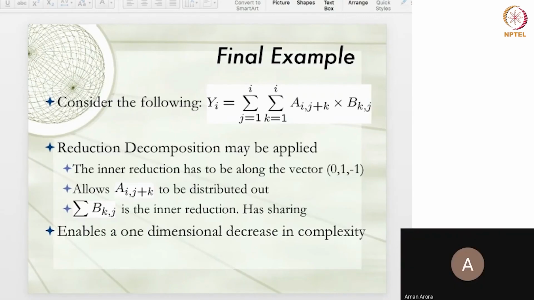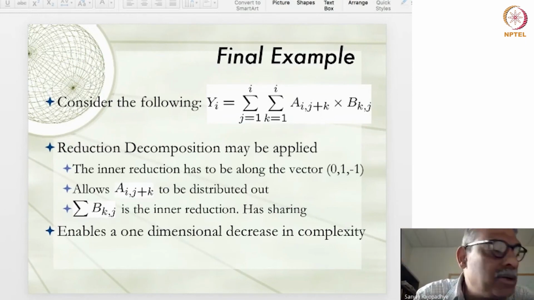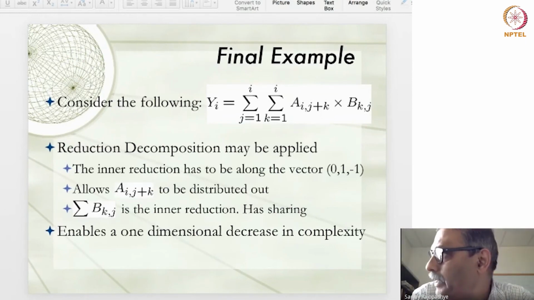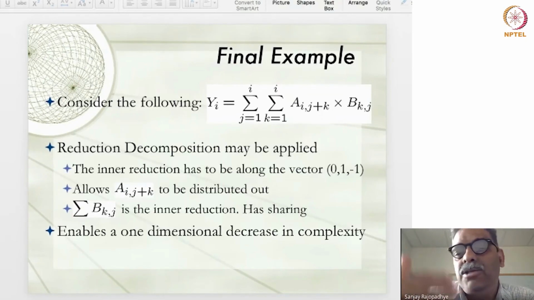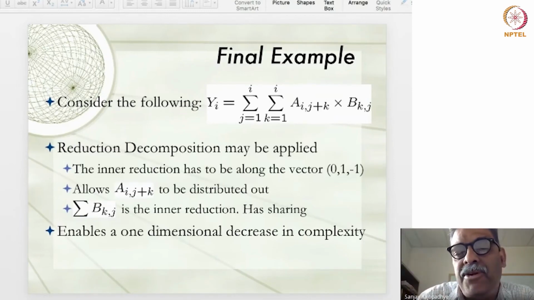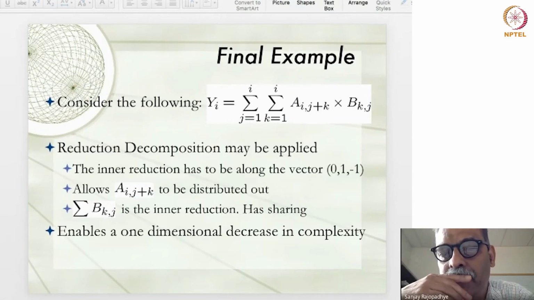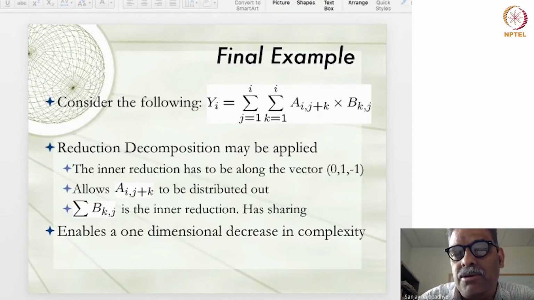It's independent of i. So I cannot just swap the sigmas. But I am adding up points in a jk plane. What if I add up first all the points along the (1, -1) direction, along the anti-diagonal in that plane, and then add up those answers?